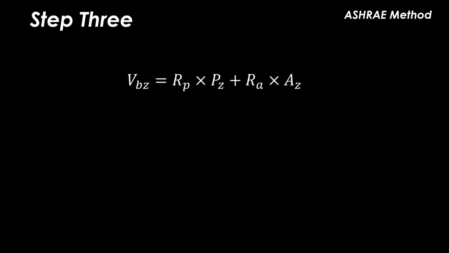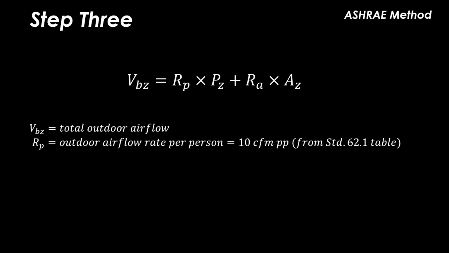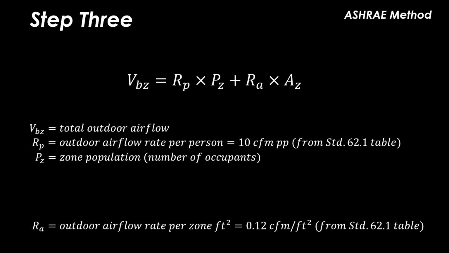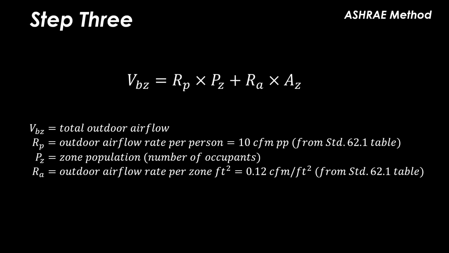Step 3 involves checking to make sure that not only are the sensible heat gains satisfied in the space, but also the ventilation requirements for the classroom. Using this simple equation, which is shown on page 12 of ASHRAE Standard 62.1, we can calculate the outdoor ventilation air requirement for the classroom, where RP equals the outdoor airflow rate per person, PZ, the number of occupants in the zone, RA, the outdoor airflow rate per zone square foot, and AZ, the zone floor area.